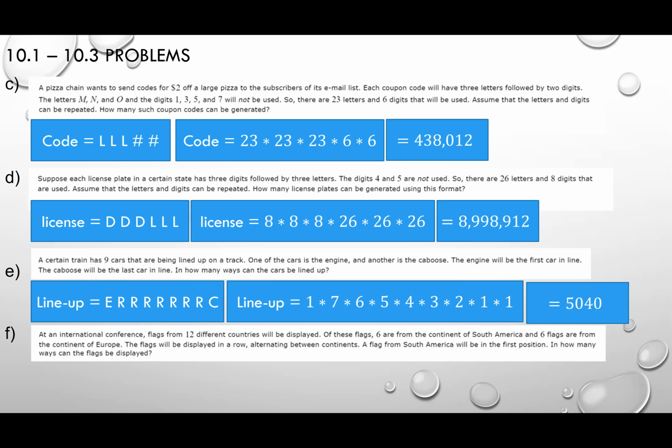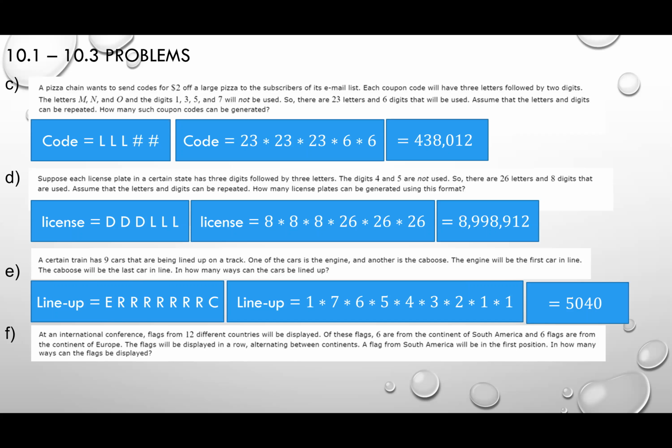Now, they give you this problem, and you have to determine how your setup is. What is the total of each category, or in terms of this thing here, each slot? So at the international conference, the flags for 12 different countries were displayed.